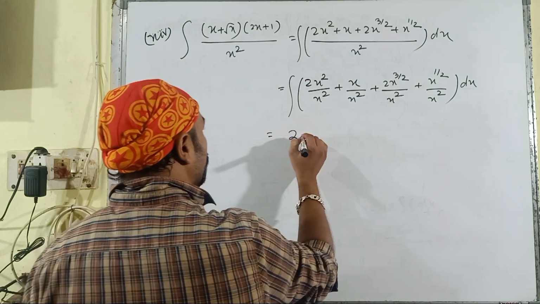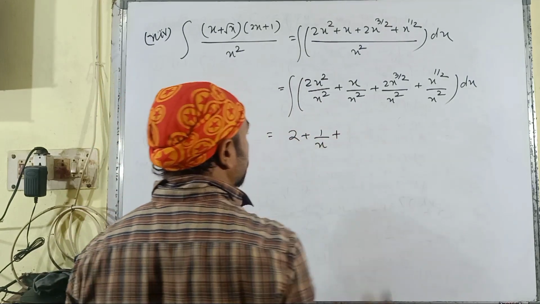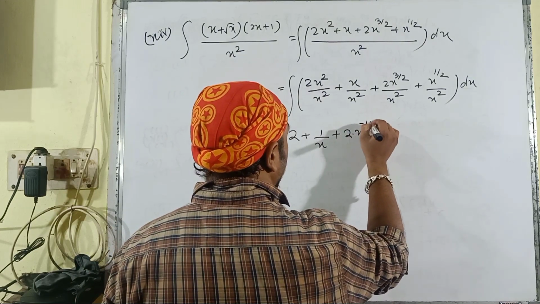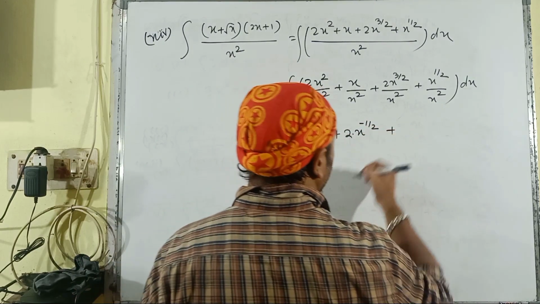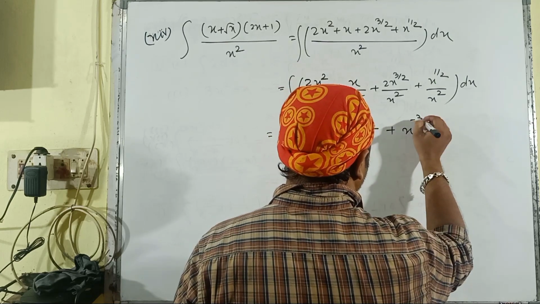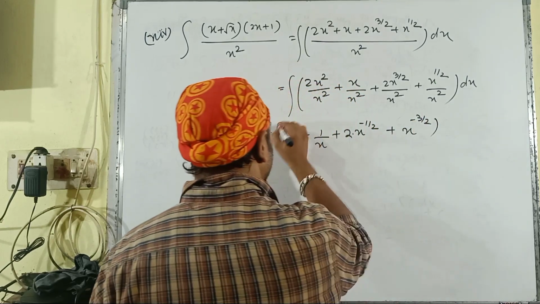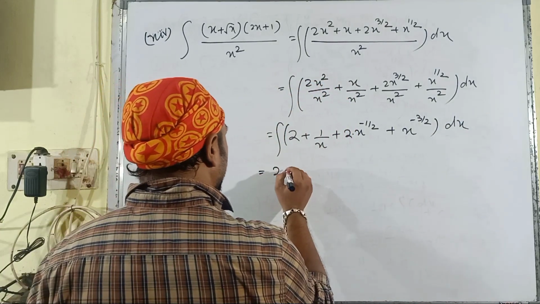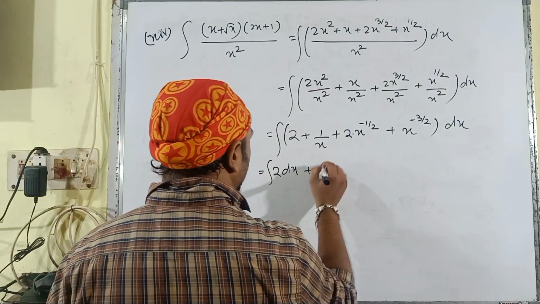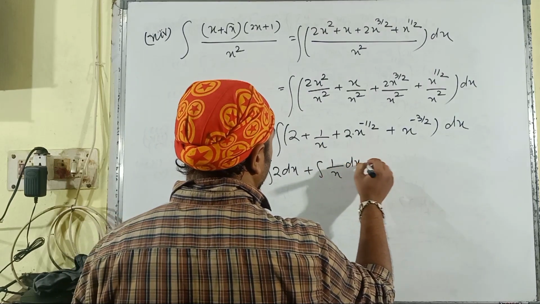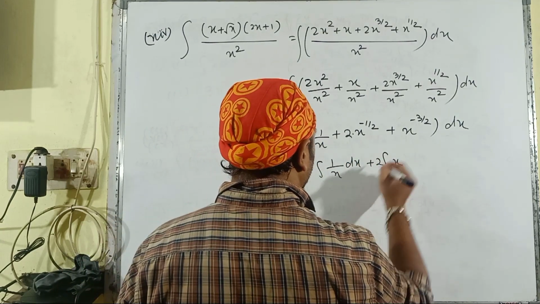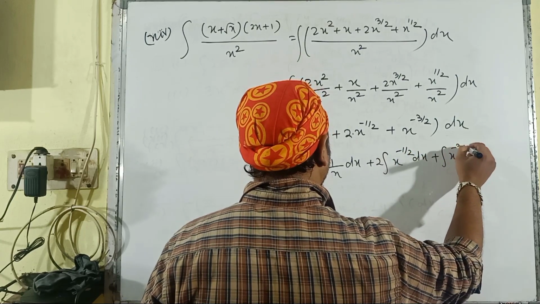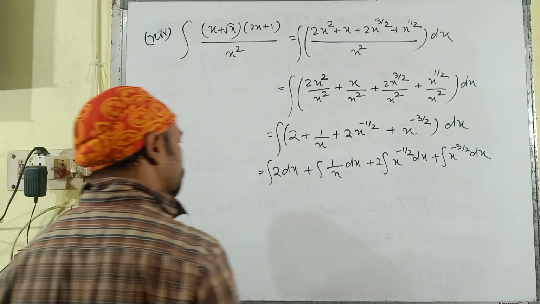Simplifying, 2 plus 1 by x plus 2 multiplied with x to the power minus 1 by 2 plus x to the power minus 3 by 2. Integral of 2 dx plus integral of 1 by x dx plus 2 multiplied with the integral of x to the power minus 1 by 2 dx plus integral of x to the power minus 3 by 2 dx.